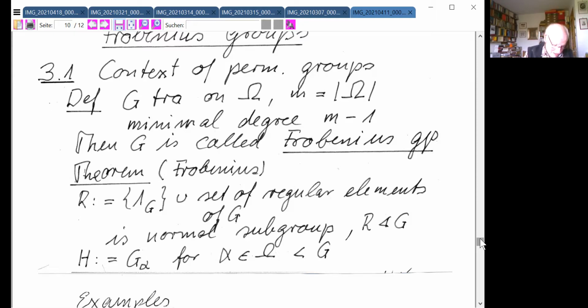That R must be normal if it is a subgroup is relatively clear from the context, but that it is a group at all, that is the point.